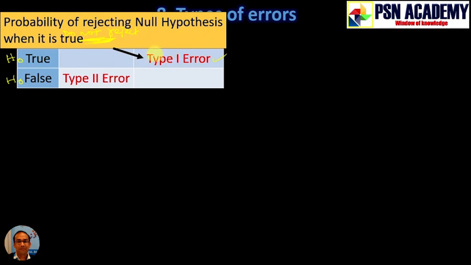Now for type 1 error, statistically you can say it is the probability of rejecting the null hypothesis when it is true. It's a measurement, right? So type 1 error is something like this, that the null hypothesis is in fact true and you are rejecting it. That is an event, that is a term. But statistically, it's the probability of rejecting the null hypothesis when it is true. Clear?